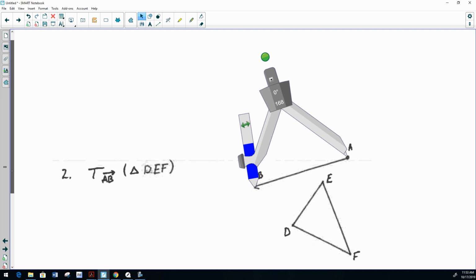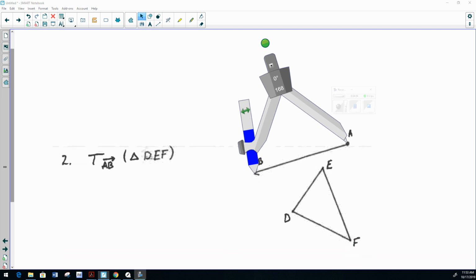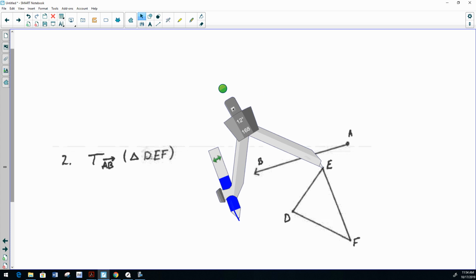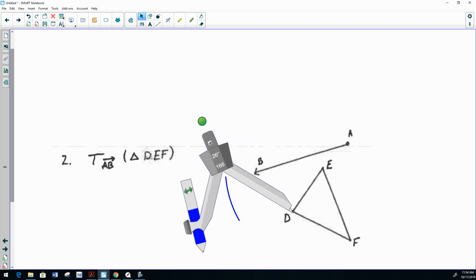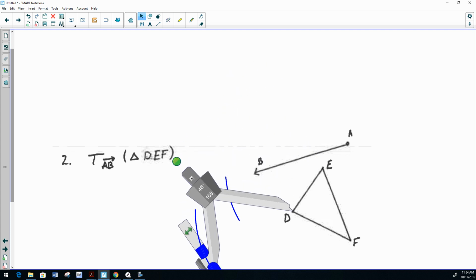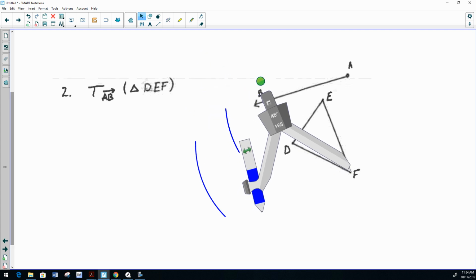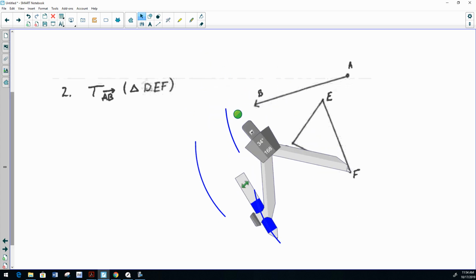Okay, I'm going to start catching up again. So once I've measured this distance, I'm not going to change it. I'm going to mark, and mark. Next, I'm going to put the sharp end at A. And I'm going to start measuring things.